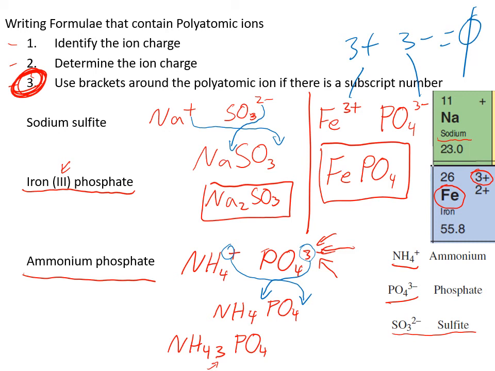So I'm going to put brackets around this, like that. So it says NH4 bracket 3 PO4, or maybe if I write a little bit nicer looking, NH4 bracket 3 PO4, and that would be our answer.